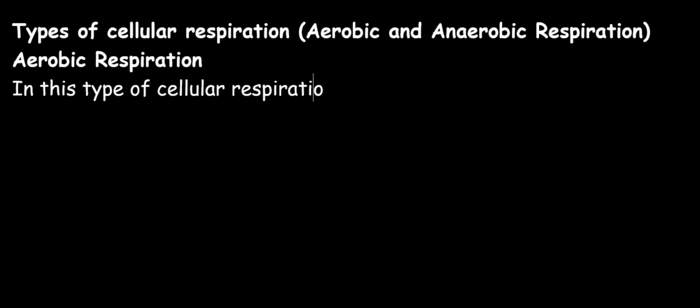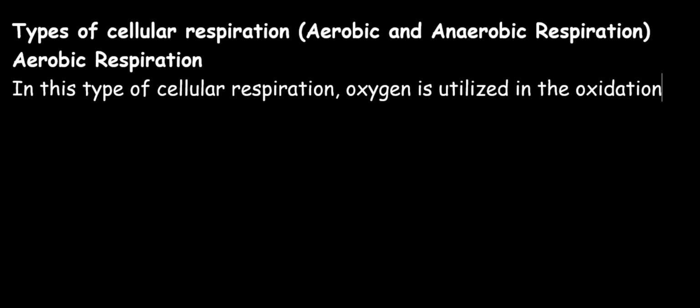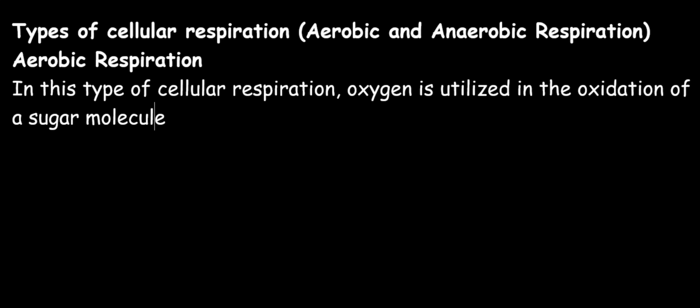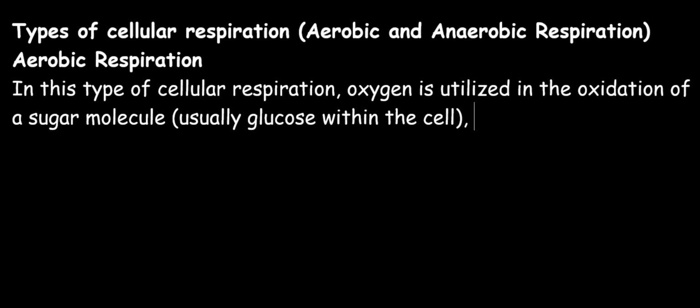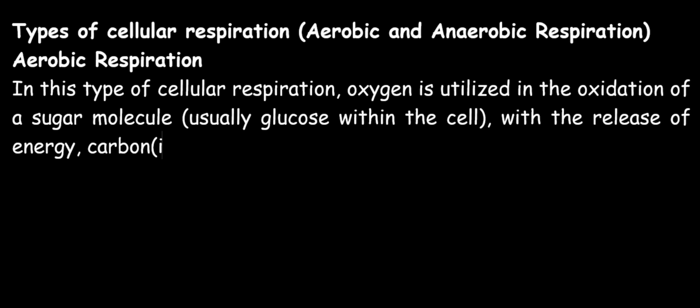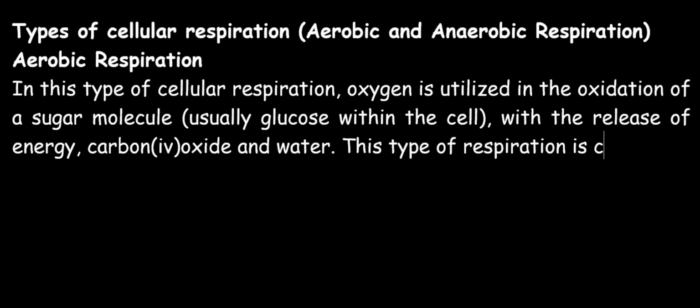In this type of cellular respiration, oxygen is utilized in the oxidation of a sugar molecule. This sugar molecule is usually glucose within the cell, with the release of energy, carbon dioxide, and water. And this type of respiration is commonly carried out by most living things.